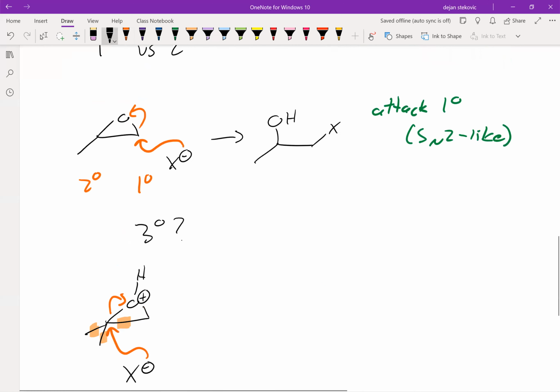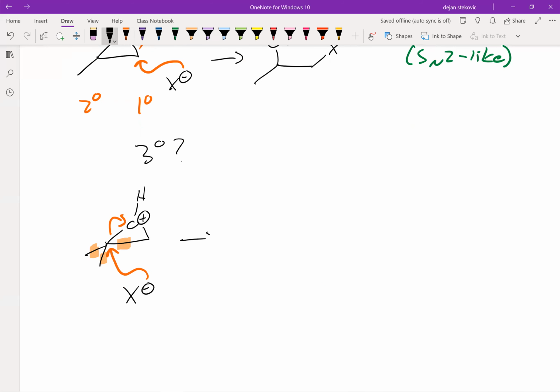My bad, I should have drawn both of these as already being protonated because they are acid catalyzed. And so here it attacks the tertiary position. And so this is kind of more of like an SN1-like reaction.